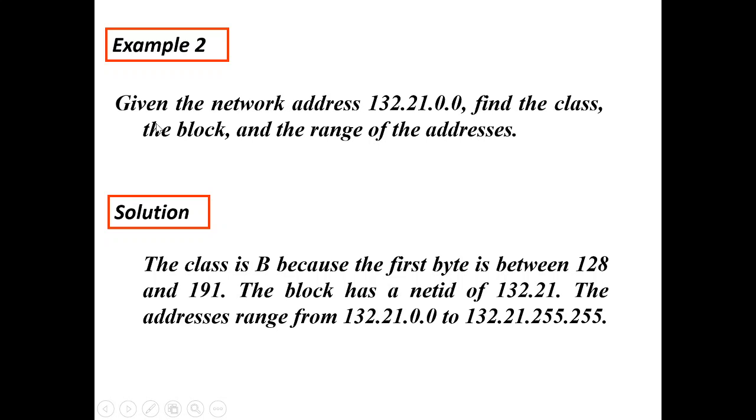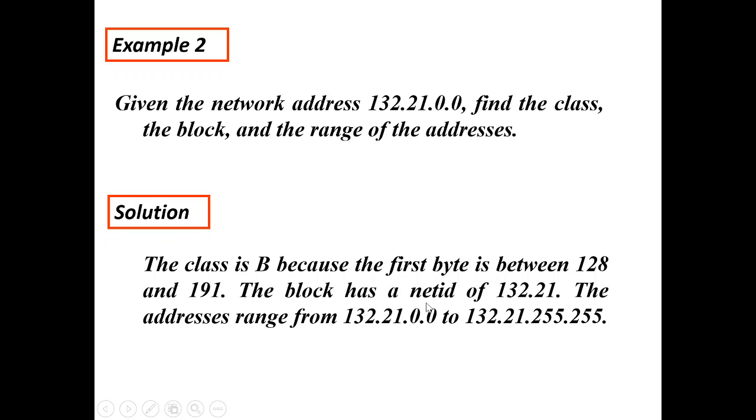Second example, given the network address 132.21.0.0, find the class, the block, and the range of the addresses. Now you will see this 132.21. So the class is B because the first byte is between 128 and 191.